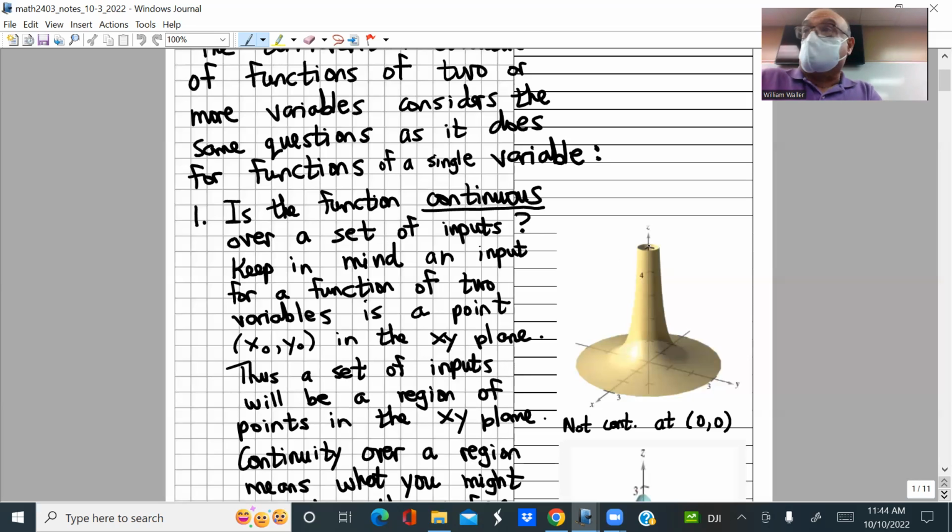So that causes you to have a discontinuity in your surface, correct? You have a hole in your surface, and so this function is not continuous at the point 0, 0, the origin in the xy plane. Now, I don't see any other holes in this particular surface, do you? At least they're not illustrated here very well. So it looks like maybe for the rest of the domain of this function in the xy plane, this function is continuous.